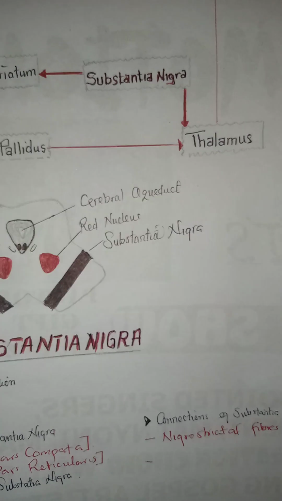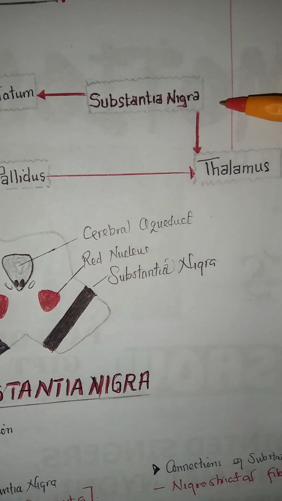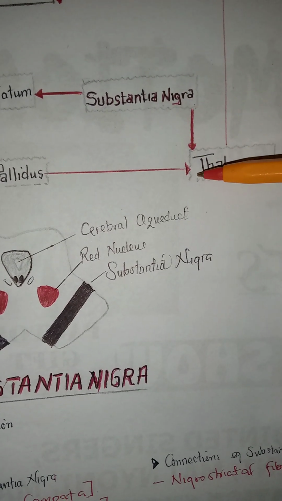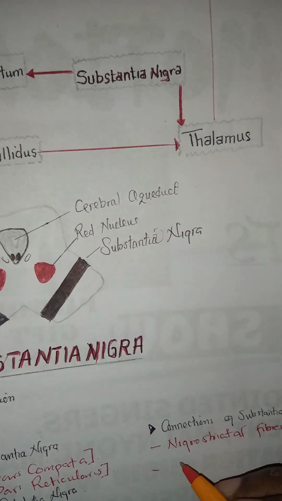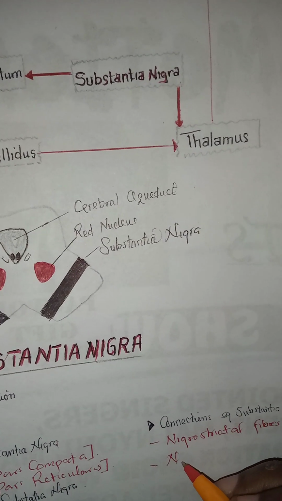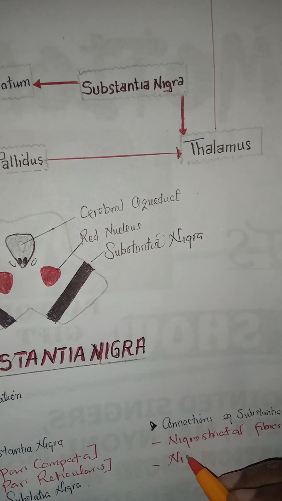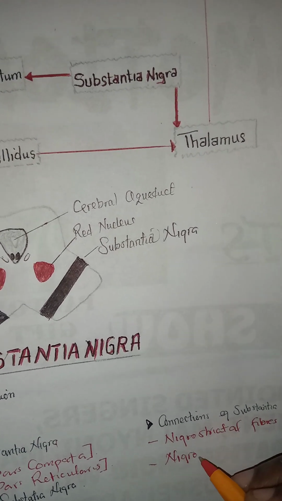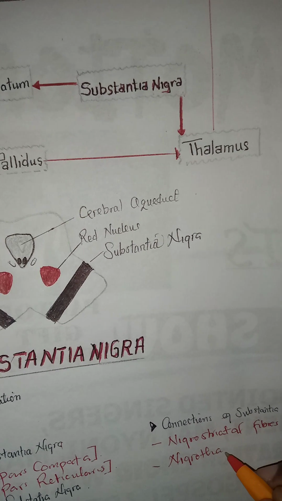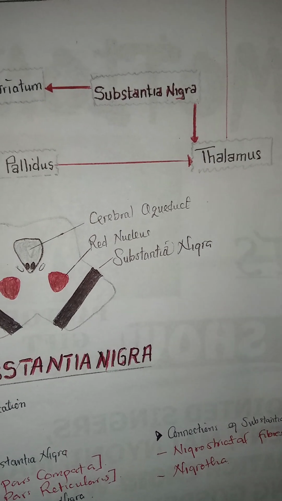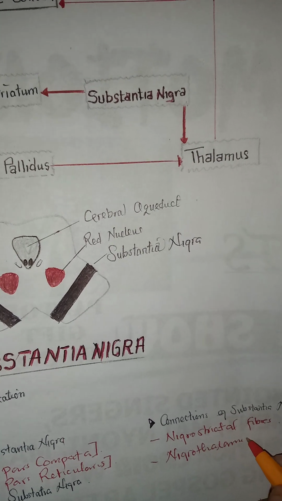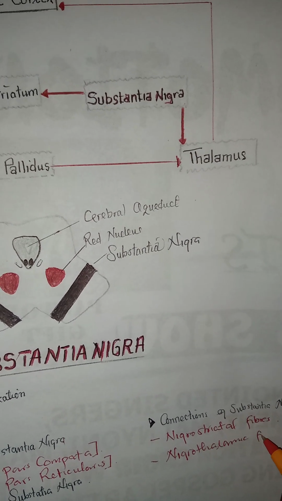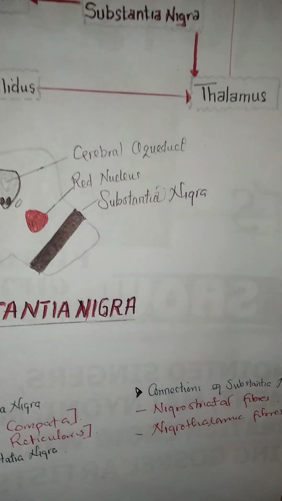We also said it can send information to the thalamus. For the thalamus, it is just the name which changes, so it is the nigrothalamic fibers.